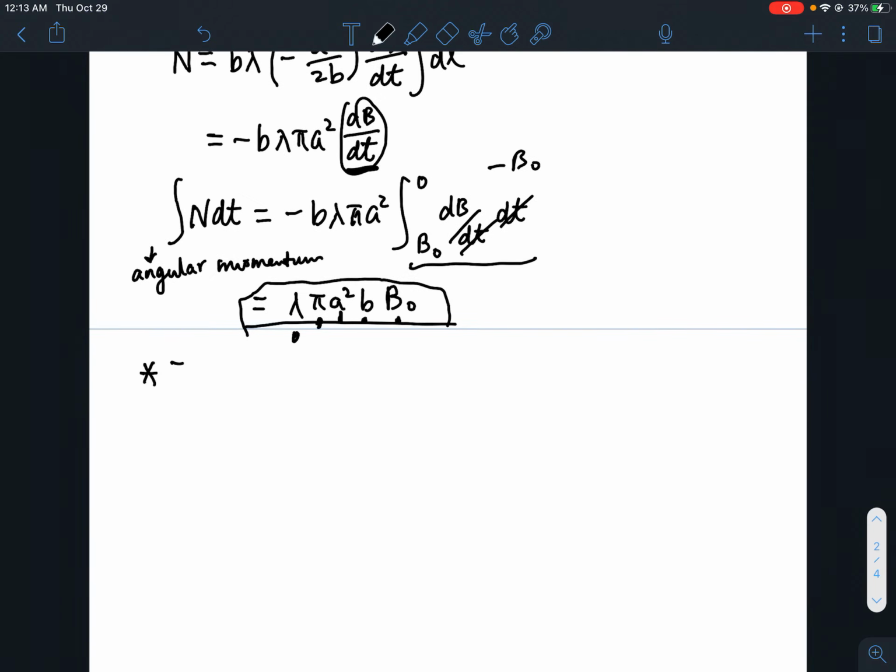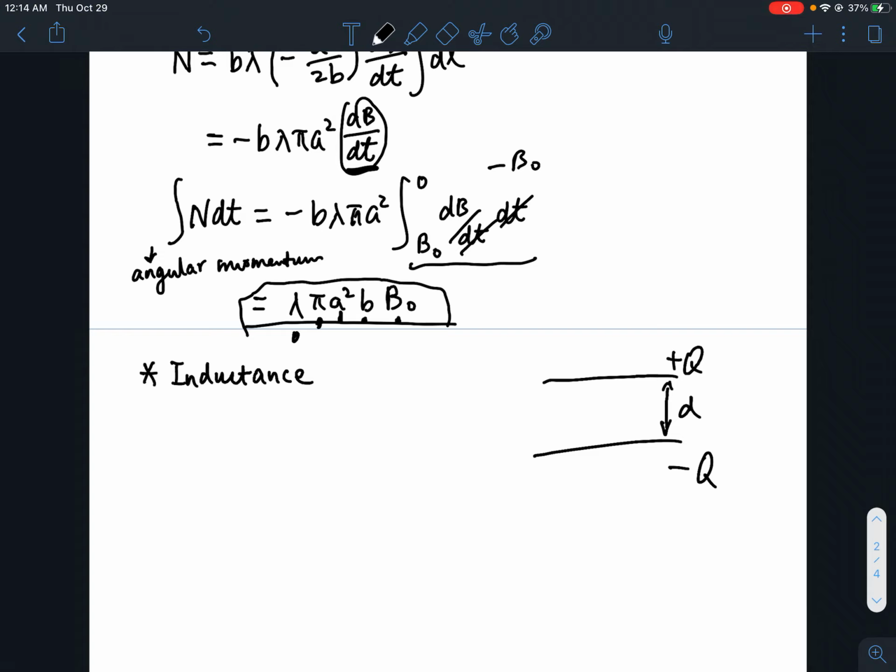Now I wanted to talk about a new concept. It's called inductance. This is very similar to what we had for capacitors. For the capacitors, let us take this parallel plate capacitor. We have a plus charge here, minus charge here, with some distance between the two plates, and then we can calculate the capacitance.